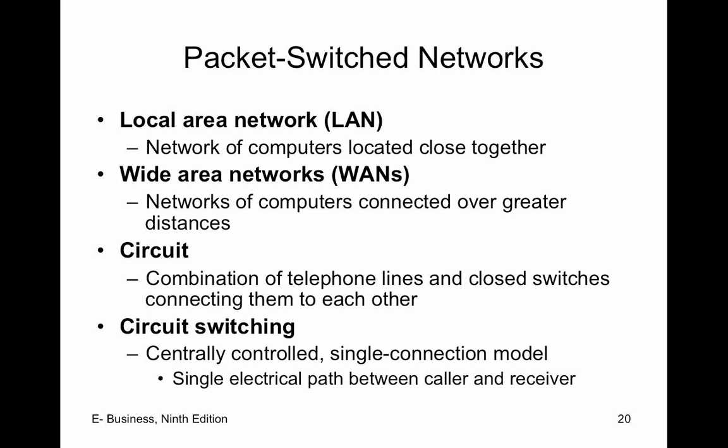So when you are grouping computers together in close proximity, meaning near to each other, like inside a company, then you call this a local area network. So in your lab, for example, you will have a local area network wherein there might be some server and you might access files or a website from that server.